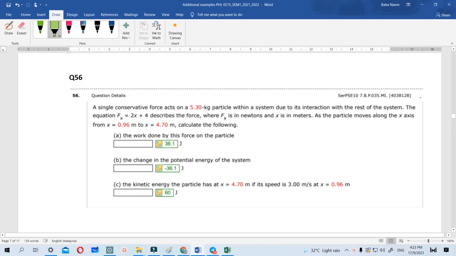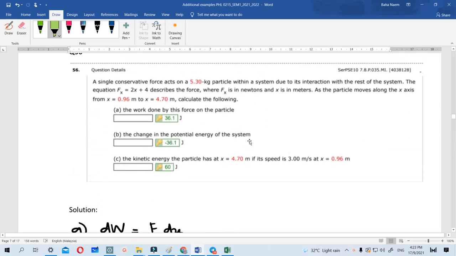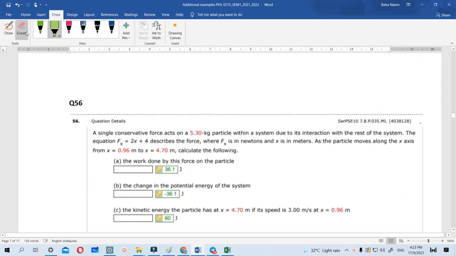Alright, let's look at this example. In this example, you are going to do integration. Why? Because you have no constant force, and in fact you are given an equation to describe the force. That's the reason why we turn to using this technique, because we are given an equation.